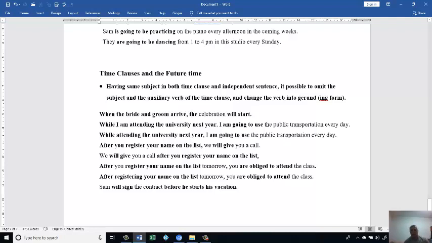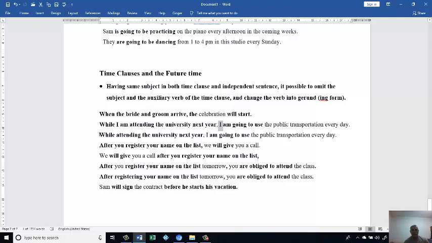While I am attending the university next year, I am going to use the public transportation every day, because both of them have the same subject, which is I. If you look here, we have I, and the same thing here, I. Then we could contract it.